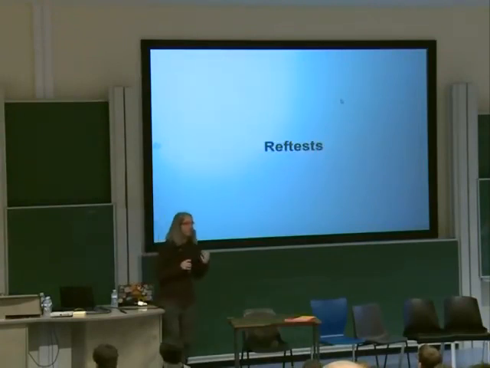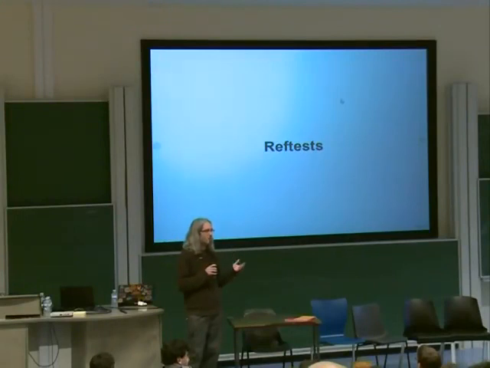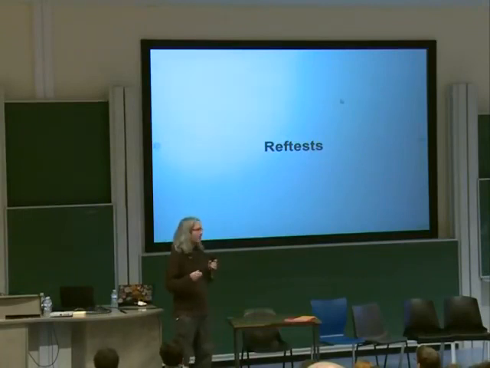Okay, so my example test there was a JavaScript test, which is the best type to write whenever you can, but sometimes you can't, and you need to test something that depends on layout. And when you want to do that, the test type we have is called a ref test. What you do here is you make two different pages that when the test passes should render the same, and when the test fails should render differently.